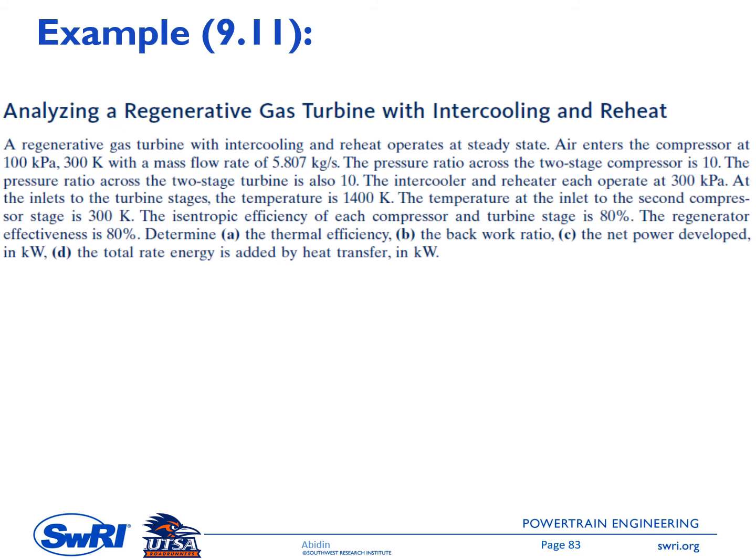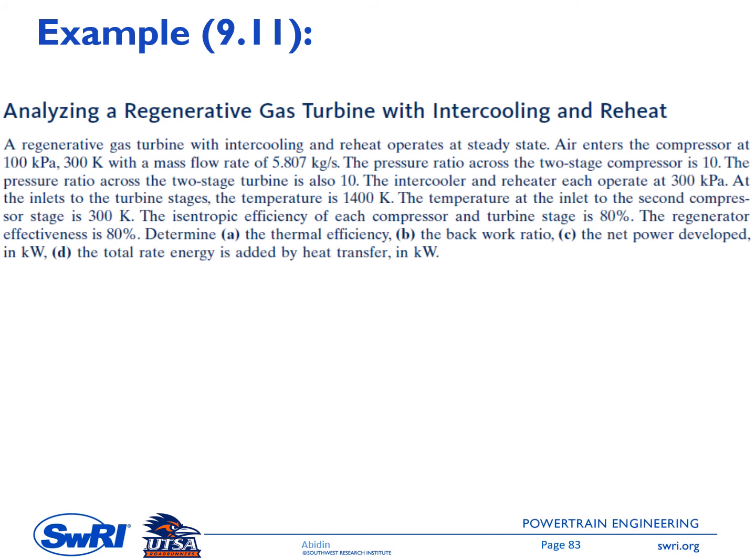This is state 1, same as in the previous examples, with a mass flow rate of 5.807 kilogram per second. The pressure ratio across the two-stage compressor is 10, and the pressure ratio across the two-stage turbine is also 10.